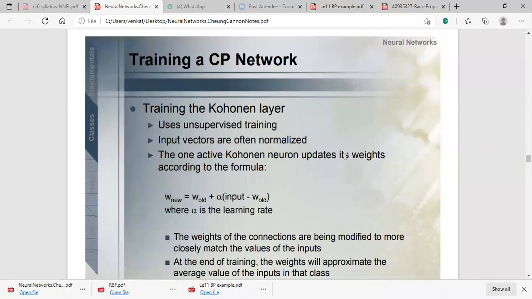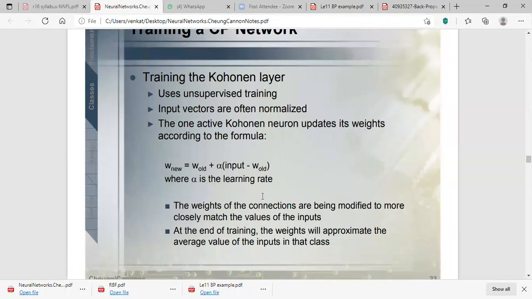So, training up Kohonen layer, you are using unsupervised training. The input vectors are often normalized. One active Kohonen neuron updates its weight according to the formula mentioned. W new is equal to W old plus learning rate alpha or eta, you can go for any of this, times input minus W old. The weights are modified more closely to match the values of input.